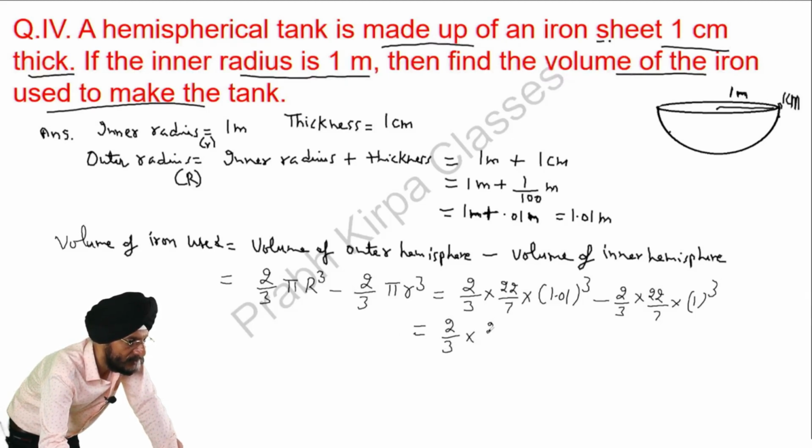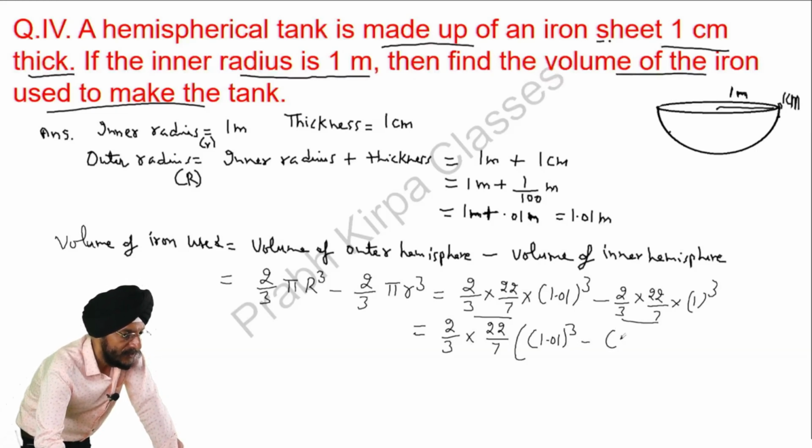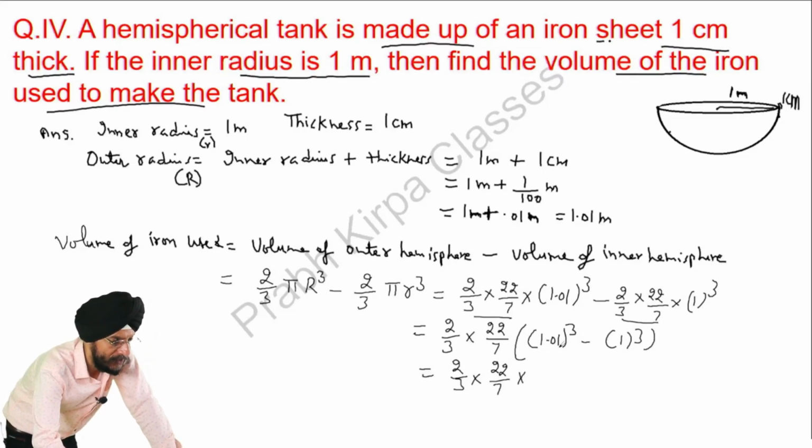So what we arrive at is 2 over 3 into 22 over 7, because here both these items are same, we will take it outside. So now what we are left with is this 1.01 cube minus 1 cube. So 2 over 3 into 22 over 7 into, after solving this 1.01 cube, we will arrive at 1.030, and when we solve 1 cube it becomes 1.